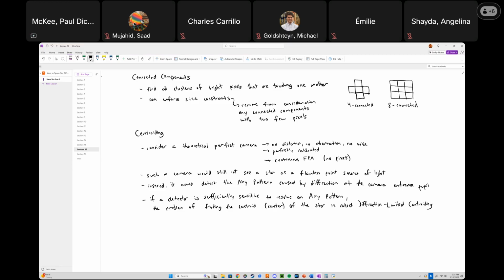So think telescopes. You can have telescopes that are so sensitive that when you point them at a star, you can actually see the diffraction pattern of light coming through the entrance pupil. And then when you're trying to find the center of that star, then you need to say, okay, well, here's our Airy pattern. Let's try to find the middle of an Airy pattern. That is diffraction limited centroiding.